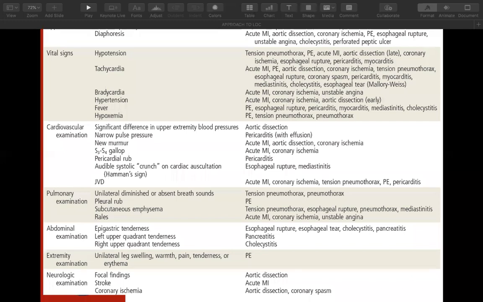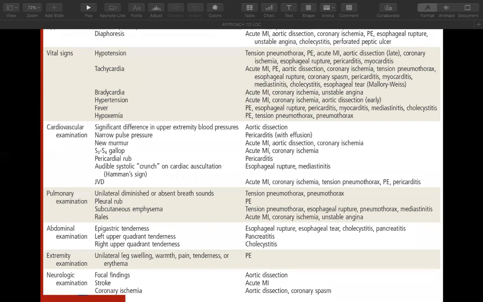In your pulmonary examination, you need to check for tension pneumothorax or even a simple pneumothorax by checking the breath sounds, if they are equal or not, absent or present. You also need to check for subcutaneous emphysema, which may suggest tension pneumothorax, esophageal rupture, a simple pneumothorax, or even mediastinitis.